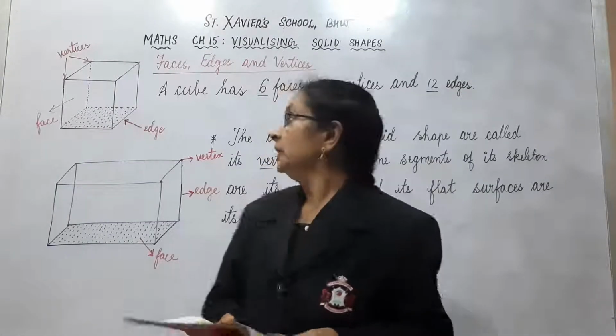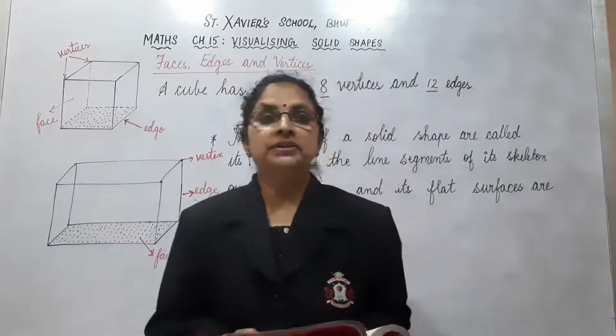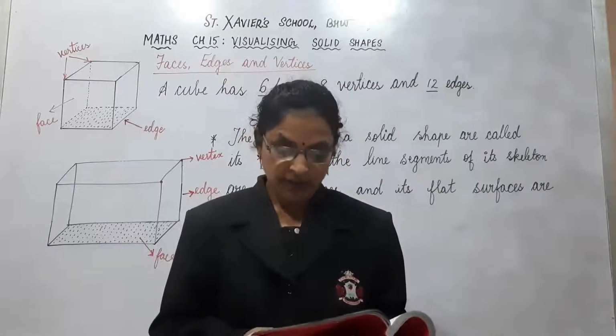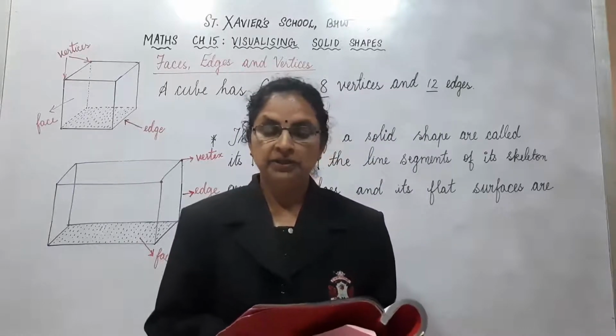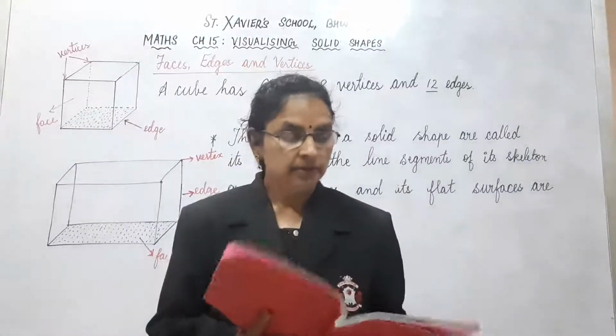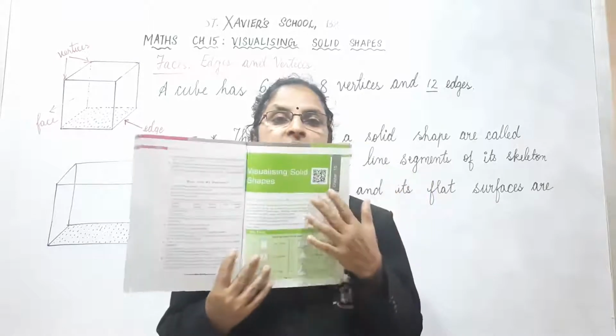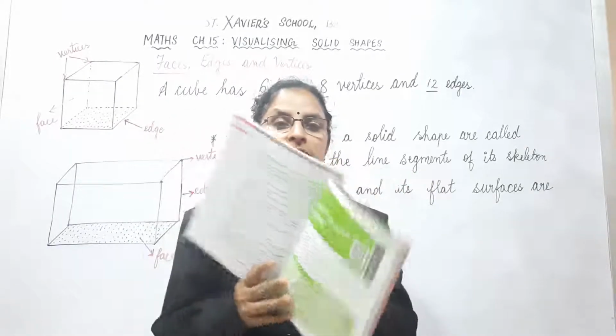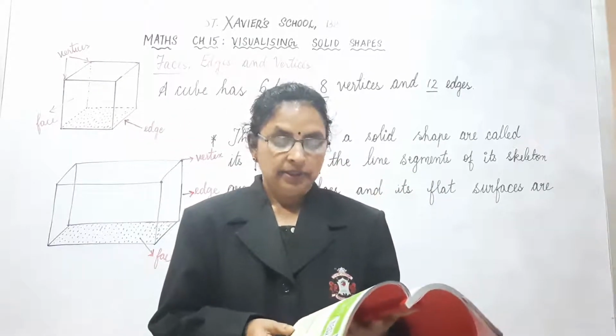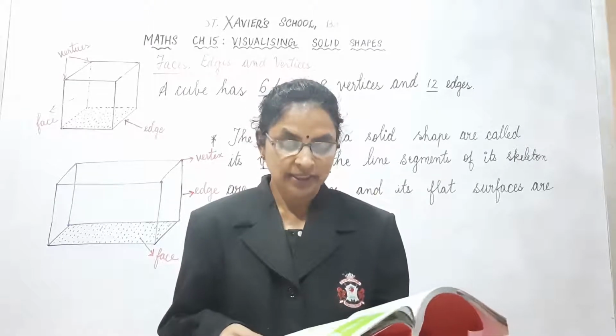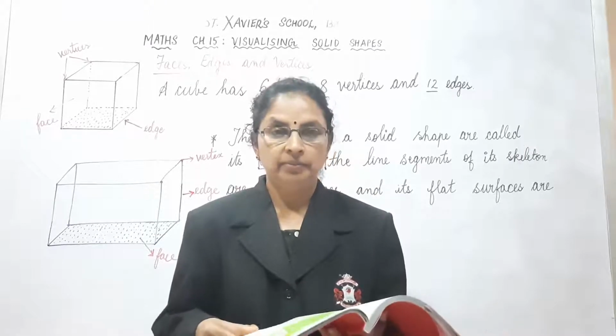Before learning about faces, edges and vertices, all of you take out your textbook, page number 277. First page of our chapter. There are questions: match the shape with the name.